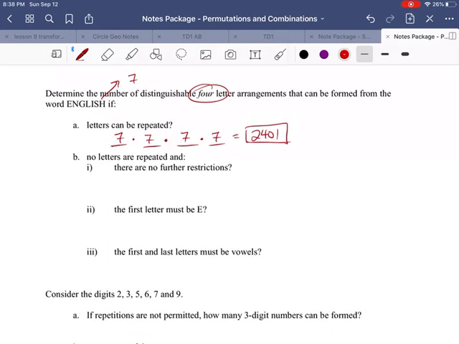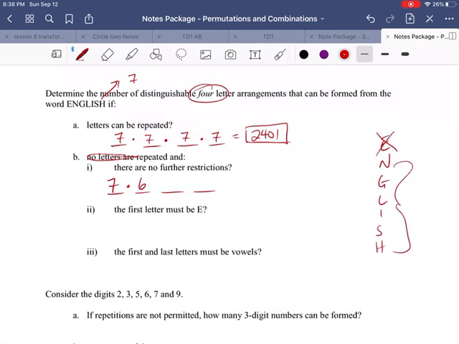Now, no letters are repeated, and there are no other restrictions. So we still have a 4-letter word. For the first spot, you've got 7 options, so we can pick any of the 7. If we're not allowed to repeat, for example, if we picked E, how many choices do you have left?